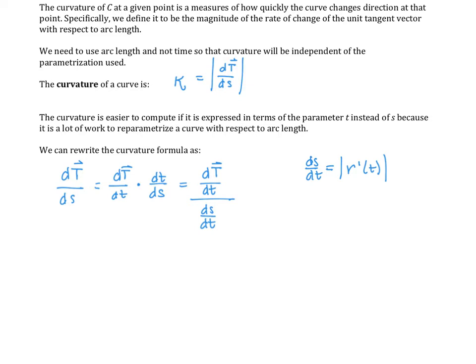So let's rewrite this, putting dT/dt in the notation we used previously, T prime of t, over the magnitude of r prime of t. So this curvature kappa can be rewritten as the magnitude of T prime of t divided by the magnitude of r prime of t.